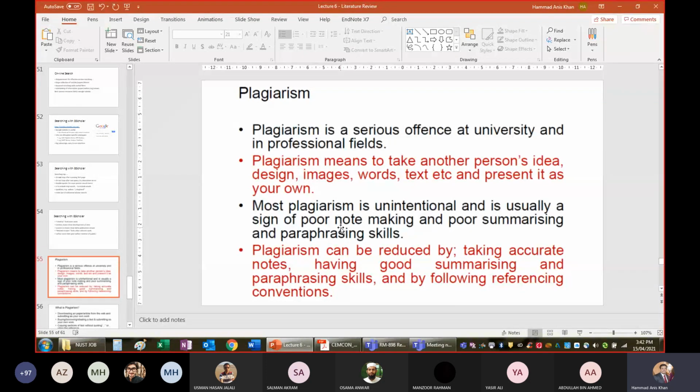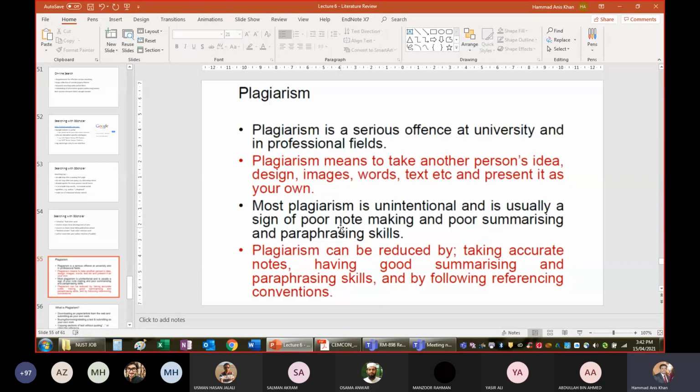publishing as well. Most plagiarism is unintentional and is usually a sign of poor note making and poor summarizing and paraphrasing skills. Generally, no person is that stupid, I would say, that he takes someone else's work and presents it as his own.